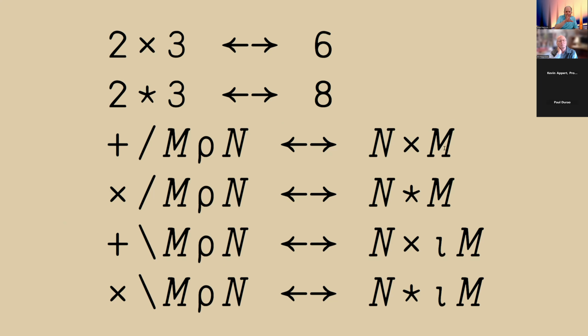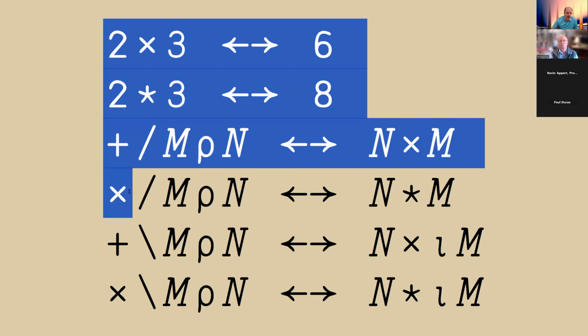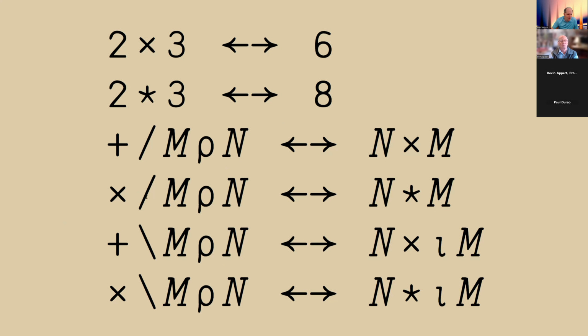Because you're summing m n's. And similarly, if you're multiplying, this would be like a capital pi, if you happen to know that notation in conventional math. If you're multiplying m n's, then you're getting n to the m power. And so that correspondence is a very direct kind of mathematical correspondence.